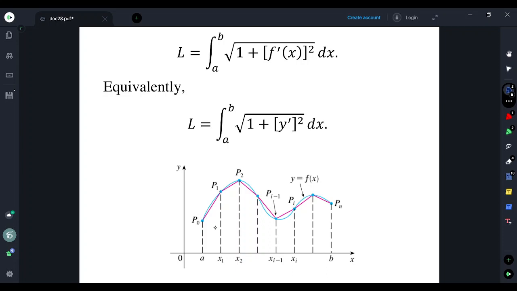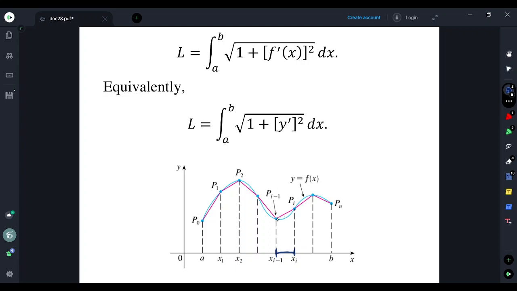So let's say the blue one is the curve y equal to f(x), and then we divide the x variable from a to b into smaller subintervals, and then looking at each subinterval, let's say from x_{i-1} to x_i, the curve on this interval is approximated by a straight line segment from P_{i-1} to P_i.